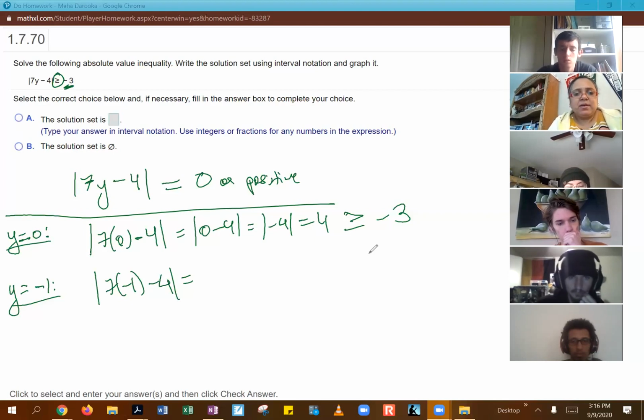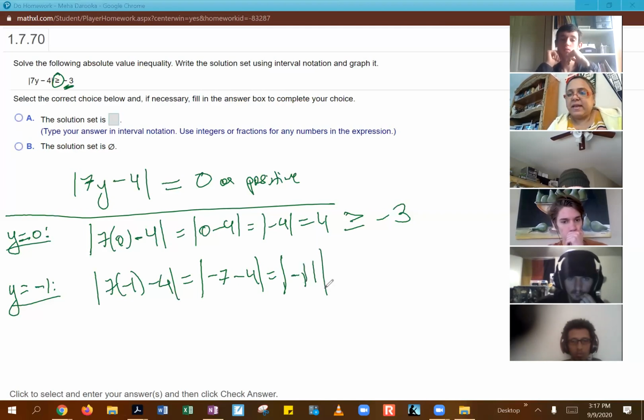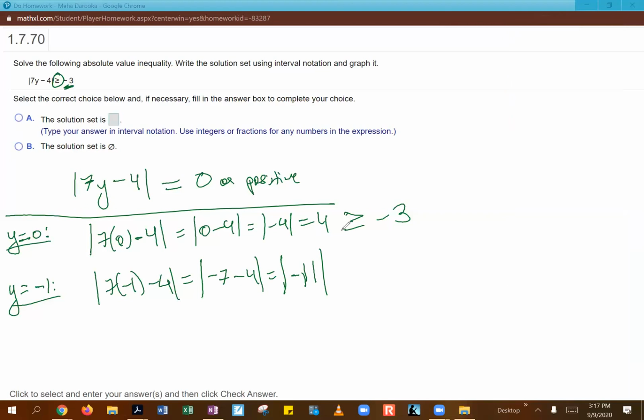Yeah, because you will end up getting 7 times negative 1, which is negative 7. And then when we subtract 4 from it, that would give you absolute value of negative 11. But again, we know absolute value makes everything positive. Since it's a distance, this will become positive 11, which is again a number greater than negative 3.